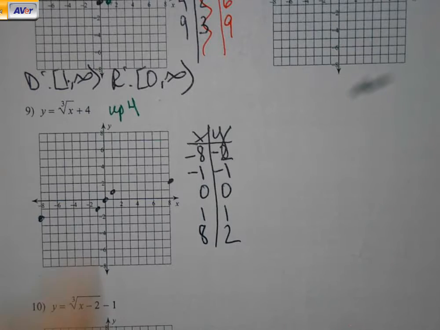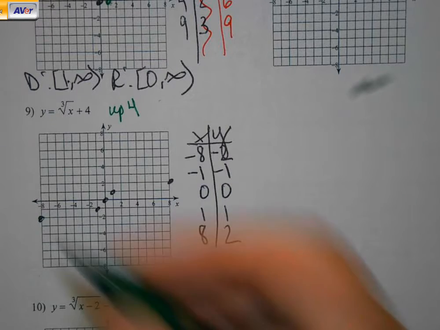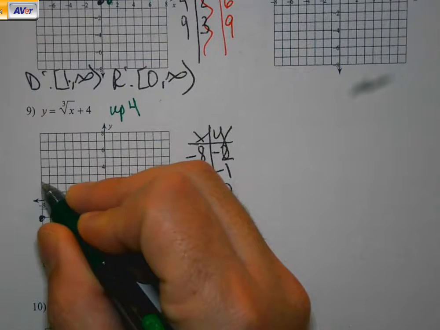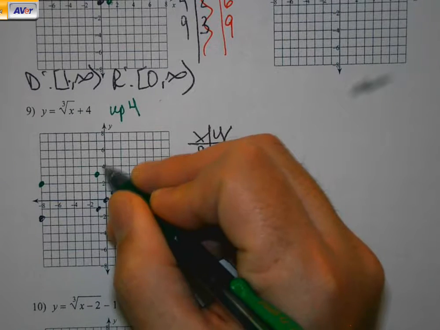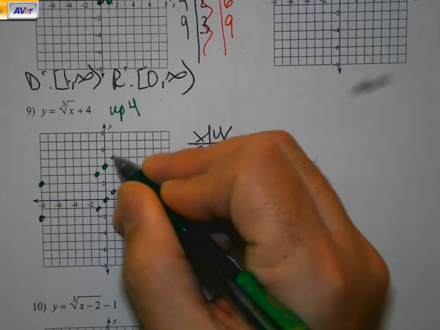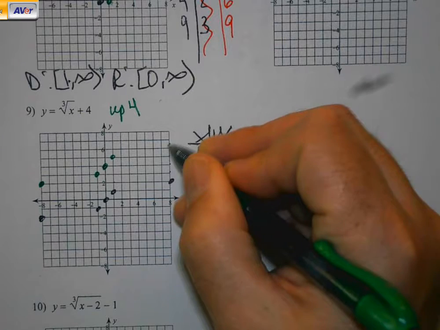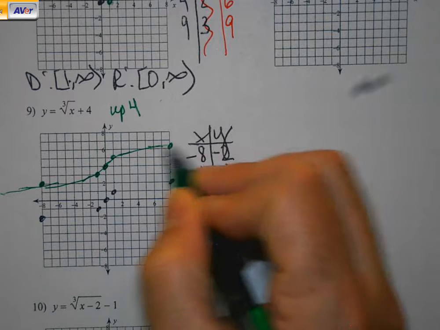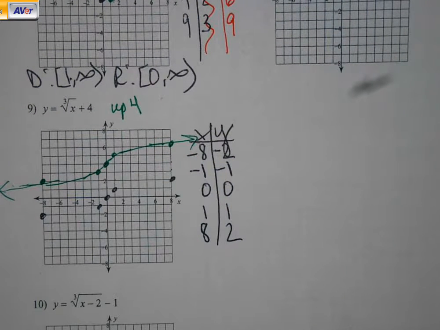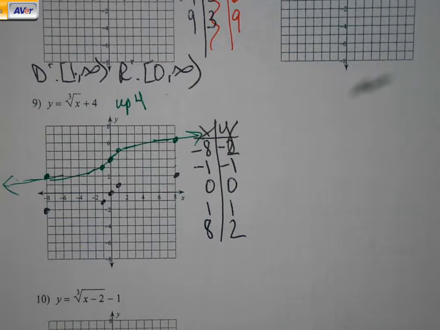But if I went that route, I have no number in front. I don't have to worry about that. And now I'm just going to shift each of those up. 1, 2, 3, 4. 1, 2, 3, 4. 1, 2, 3, 4. And make my kind of S-shaped curve there with arrows on both ends.